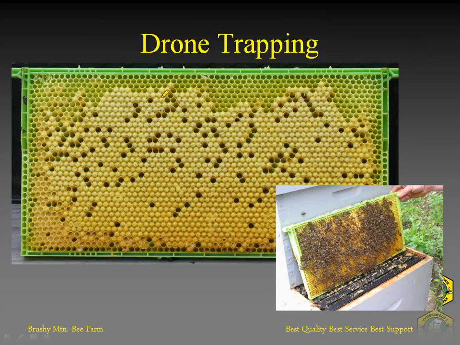But here, these cells are often referred to as bullet shaped. They're really domed coming up off the foundation or off the frame. And also the cell size is much, much bigger. So those are some of the general characteristics.